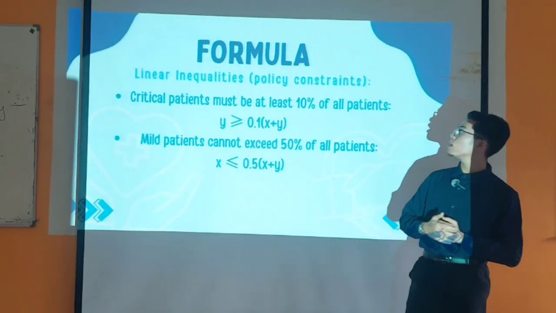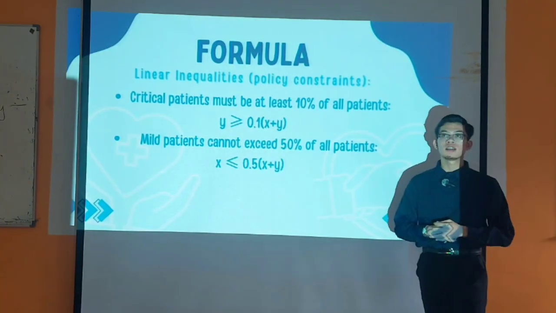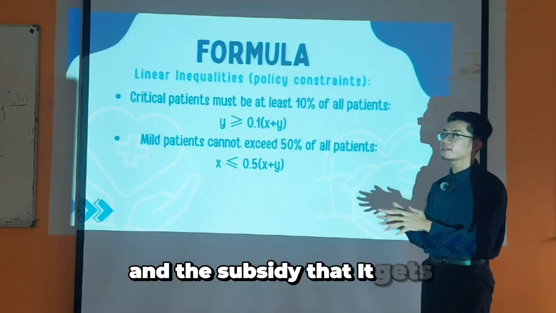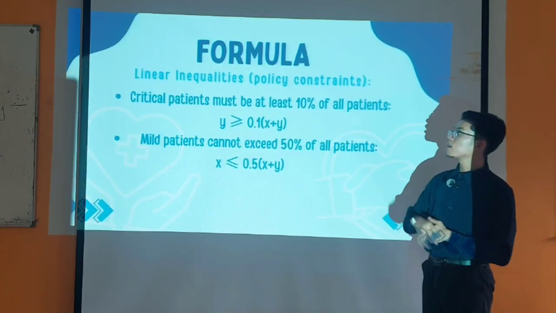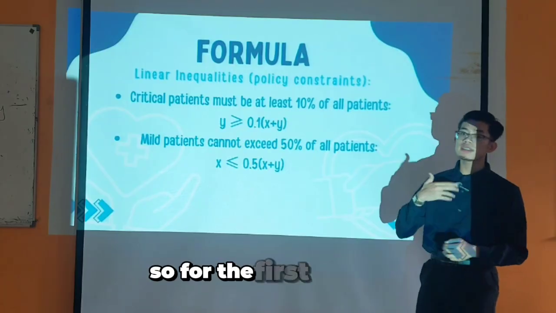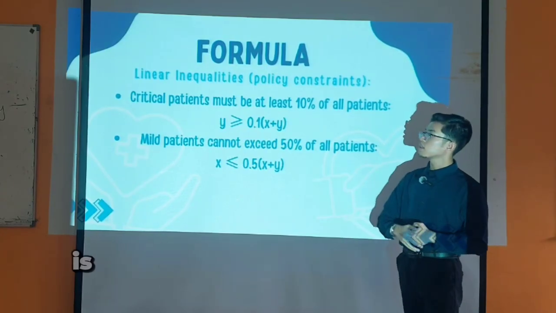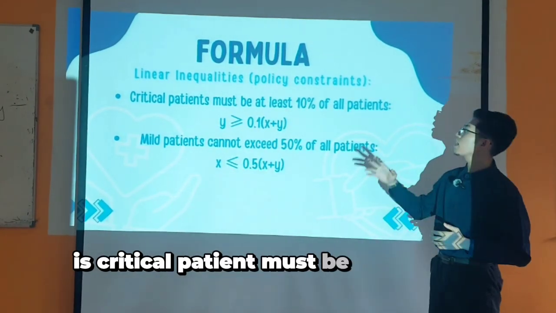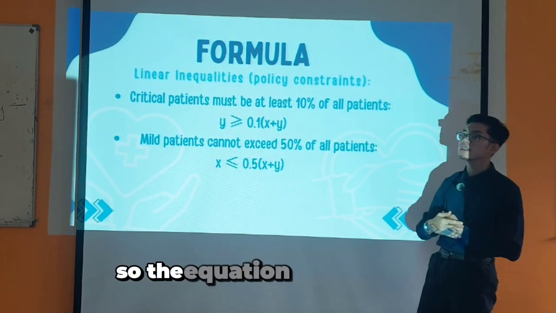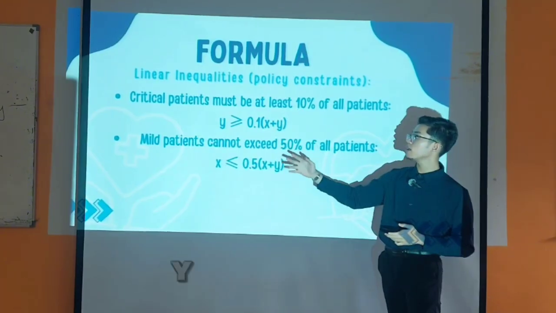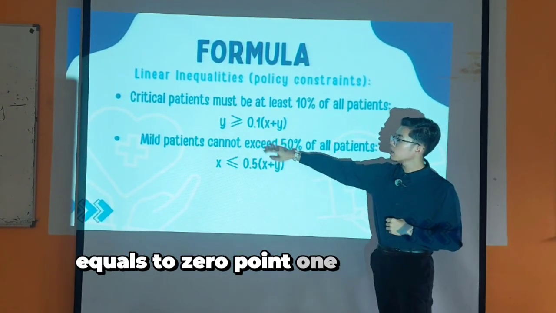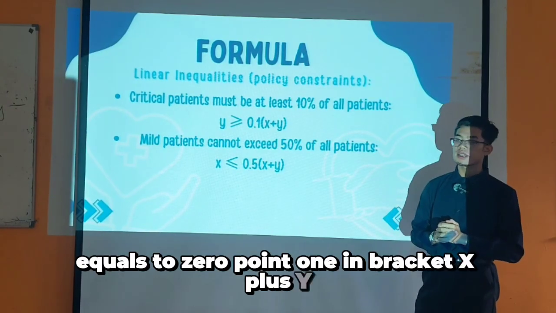Next we have the policy constraints. This shows the rules of the hospital and the subsidy that it gets. Here we have two equations. The first is that critical patients must be at least 10% of all patients, so the equation is y is greater than or equal to 0.1 times (x plus y).